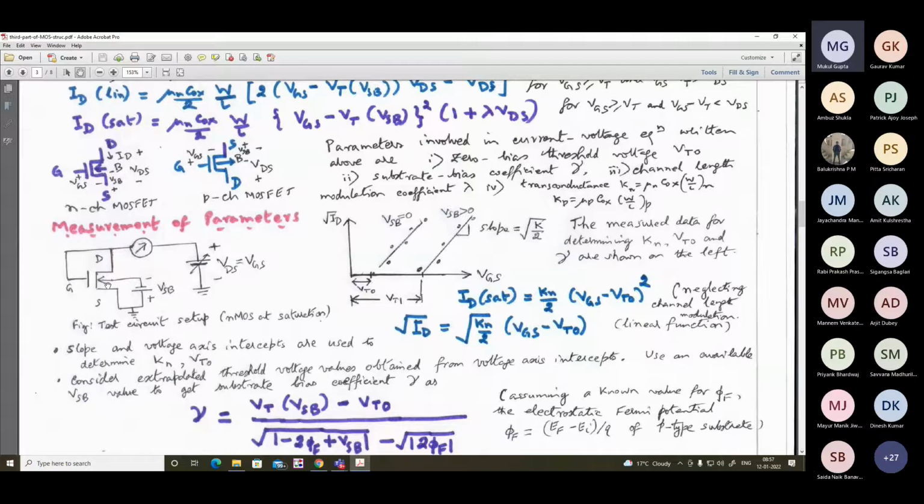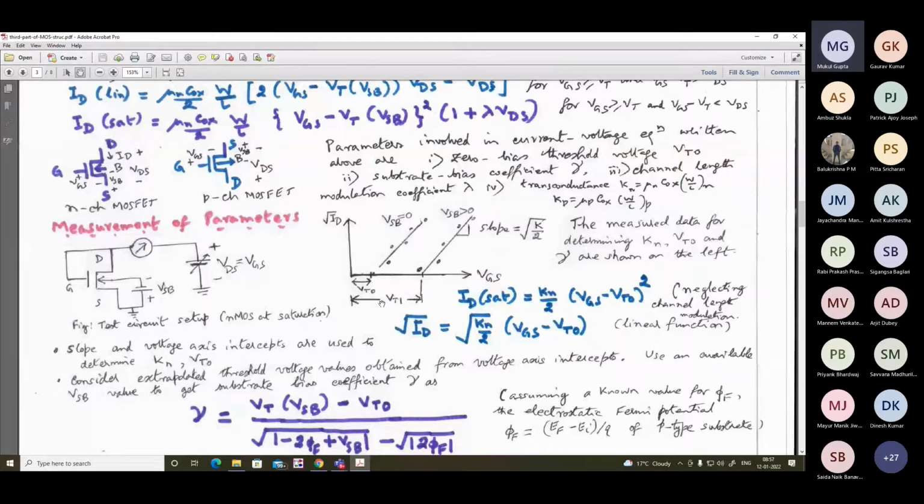If you remember the plot of the output drain current versus VDS characteristic, it starts from a very small value of VDS and it proceeds. For VGS equal to VT, the curve almost coincides with the voltage axis.